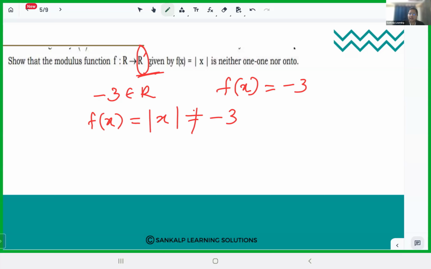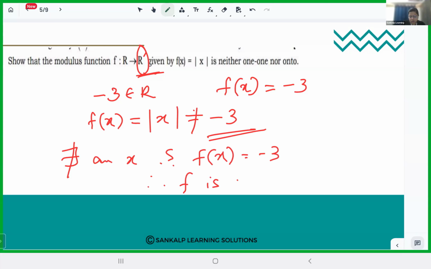The result will always be positive, so it can never be a negative number. Not only minus 3, you can take any negative number, but there does not exist an x such that f of x will be equal to that negative number. So we can say that there does not exist an x such that f of x is equal to minus 3. Therefore, we can conclude f is not onto.